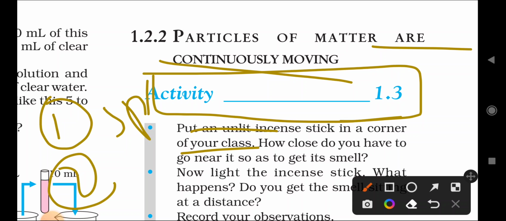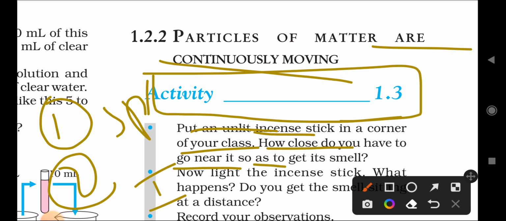How to take an incense stick? Incense stick means agarbatti, which we use when we go to the temple for prayer. That is called an incense stick. Now, how close do you have to go to it to get its smell?